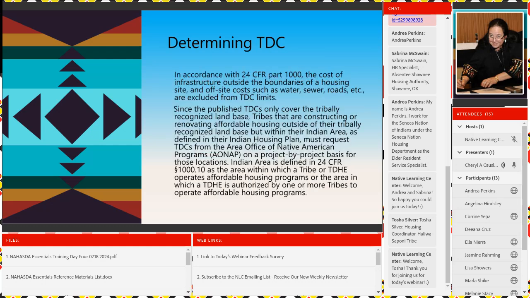In accordance with 24 CFR Part 1000, the cost of infrastructure outside the boundaries of a housing site, off-site costs such as water, sewer, roads, are excluded from the TDC.